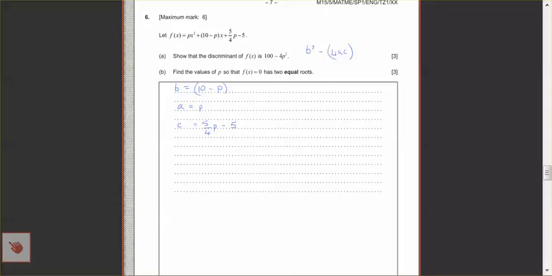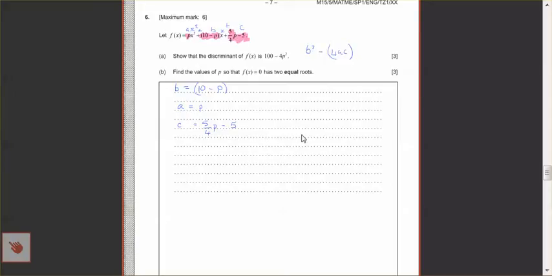Is that the whole of c? Yeah, because remember it's ax squared plus bx plus c. So you've got to have a, b, c. So that's probably where the mistake came from.